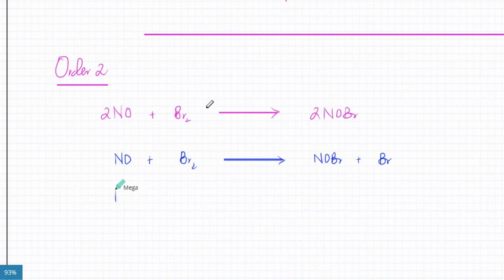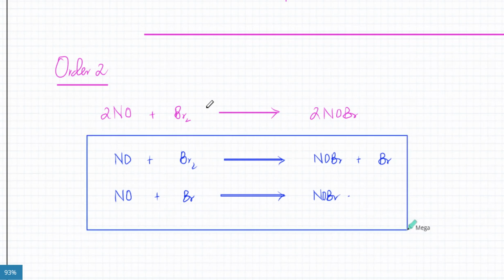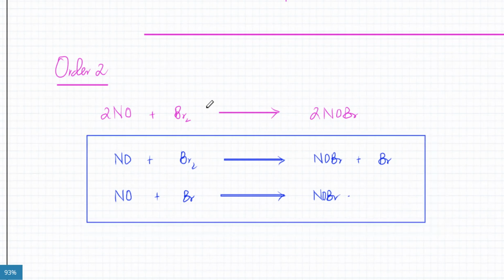Then another NO molecule comes in, and the Br produced in the previous step reacts with it, and another NOBr is produced. So that's the two steps of the mechanism, step 1 and step 2. NO reacts with Br2, producing NOBr, and the Br that's left then reacts with the other NO and produces NOBr. Remember, this is just a made up mechanism.